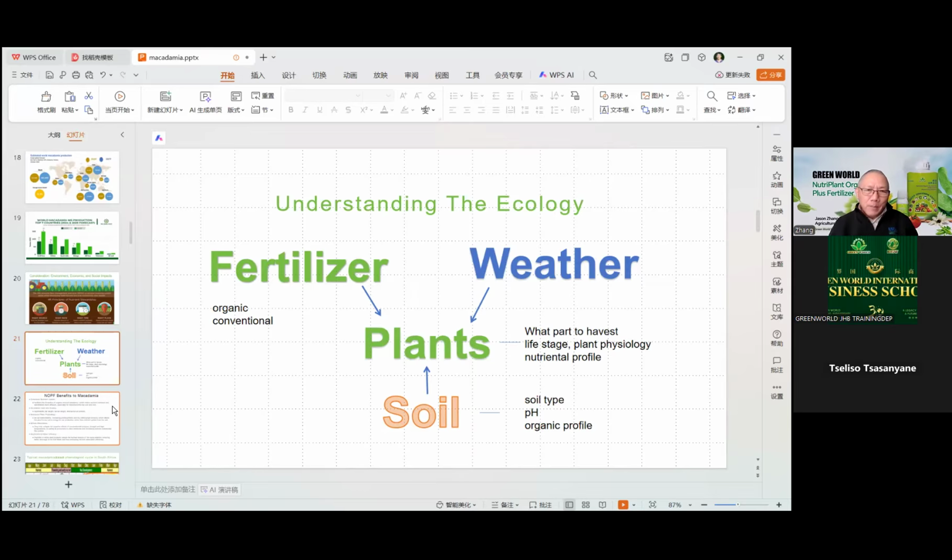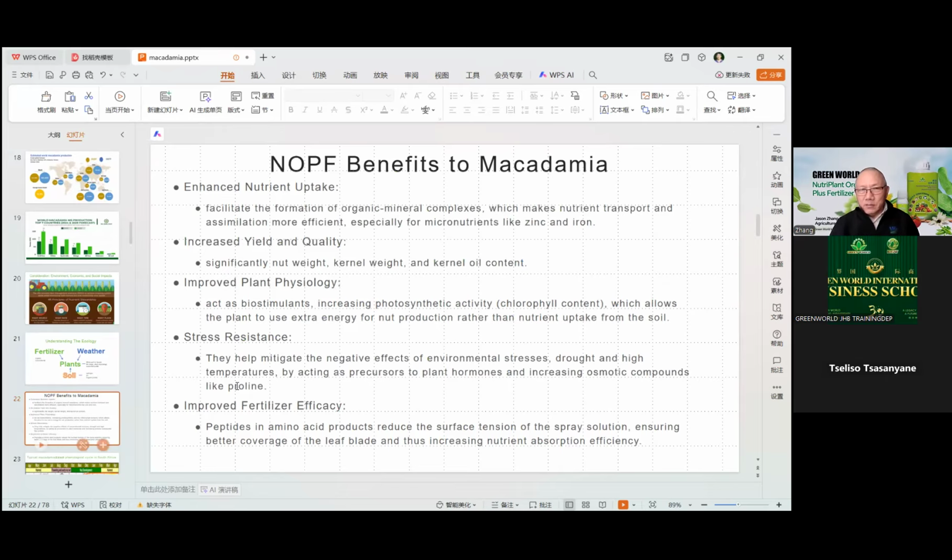And for macadamia, the Hawaiian nuts or Queensland nuts, if we use NOPF, these are all good parts that can help you reach high yield, high quality, and improve your plant physiology and a lot of other things for the tree.